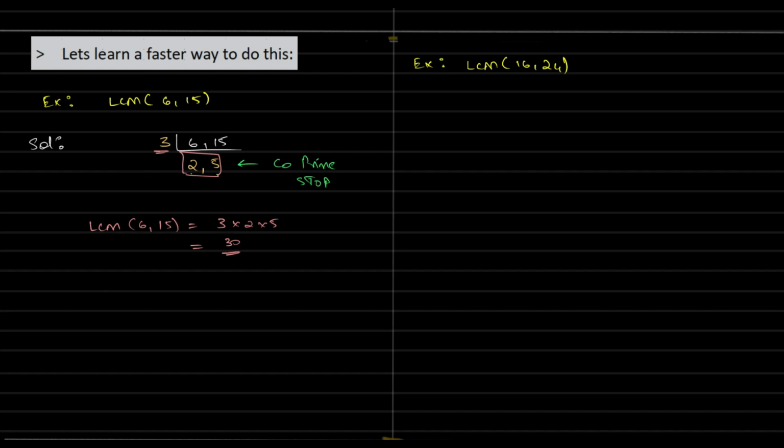One of the tricks to make sure that you have the LCM and not the HCF, or that you didn't make a mistake, is that the LCM will always be equal to or greater than the numbers that are given. It can be equal to one of the numbers, or it should be greater than both the numbers.